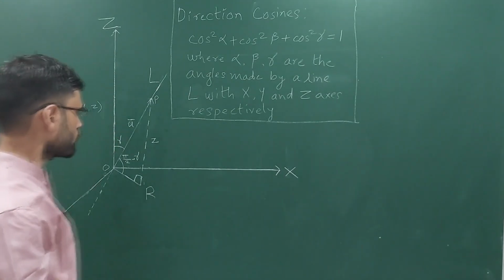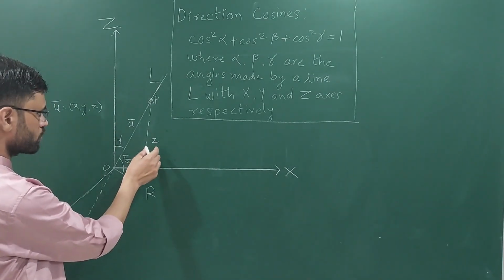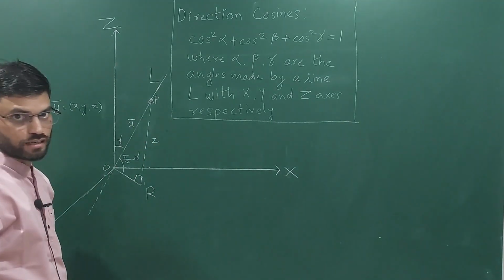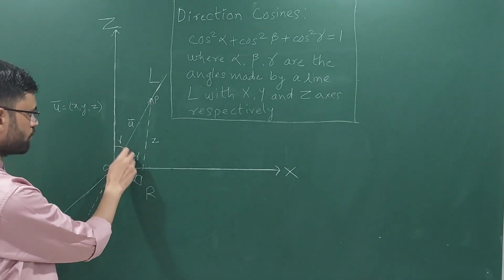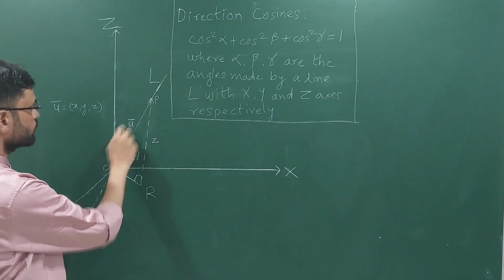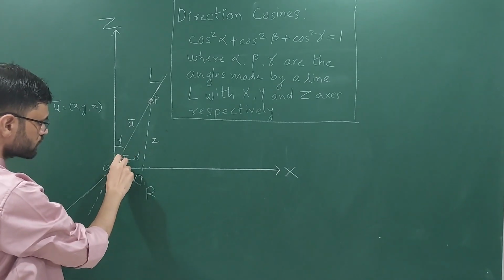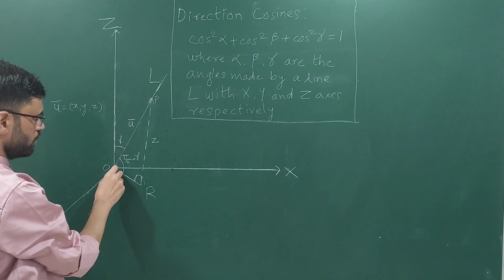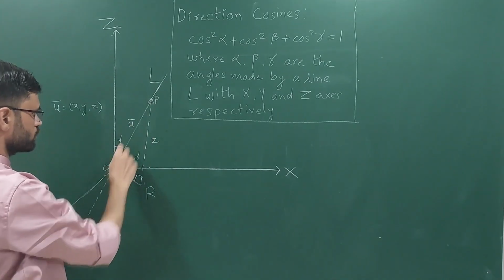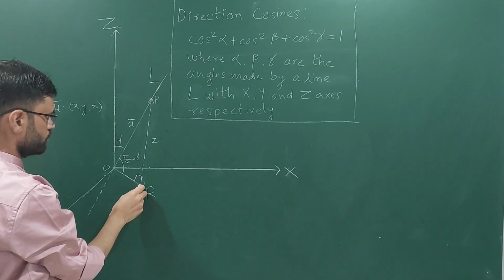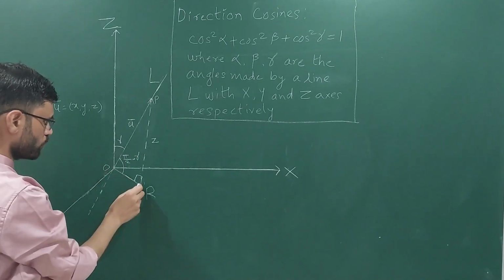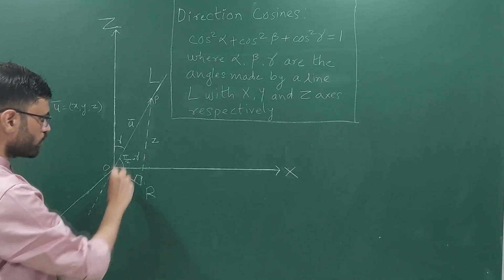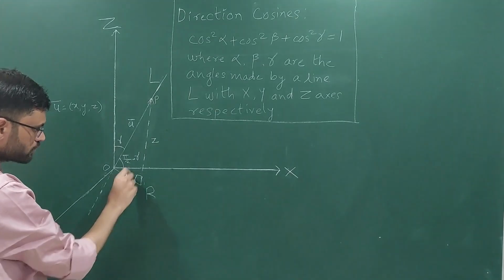All right. Now what can we observe about this z? This ORP is a right angle triangle, and here gamma is the angle that is made by vector u with z axis, and therefore the remaining angle that OP makes with OR is pi by 2 minus gamma, because this whole angle is pi by 2.